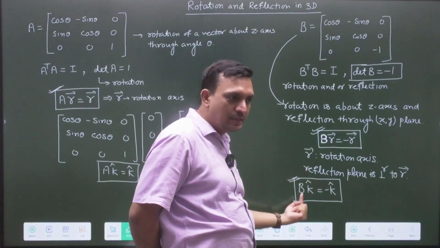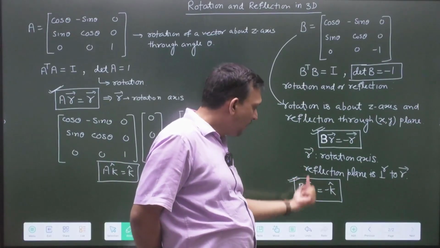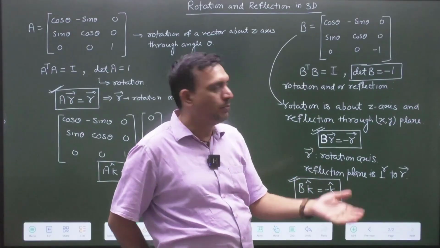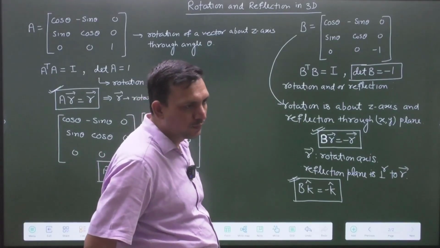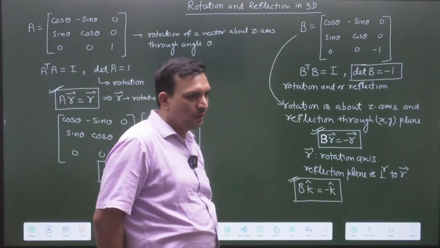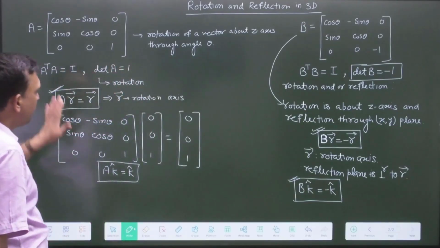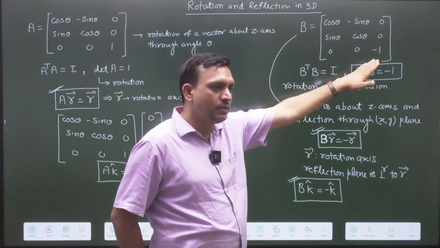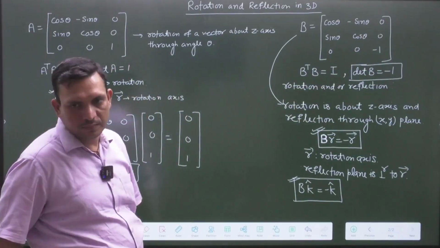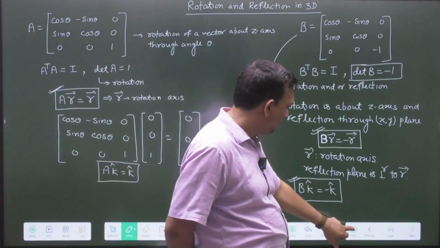So Z axis is the rotation axis and perpendicular to Z is the reflection plane, that is the XY plane. Clear? You have to remember these two cases: determinant is 1 and determinant is -1.